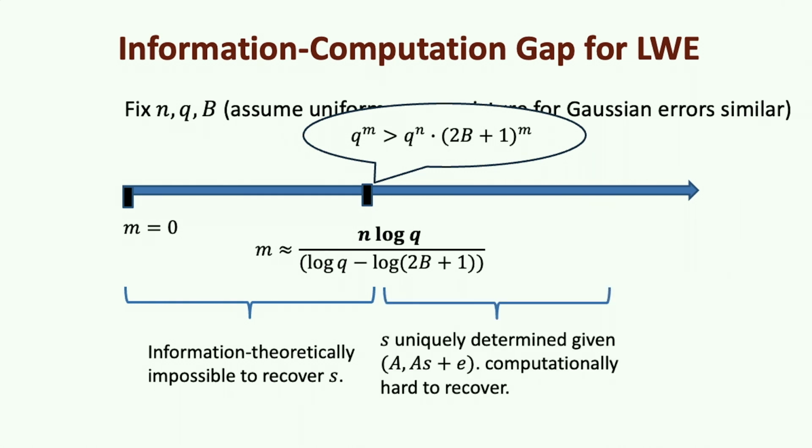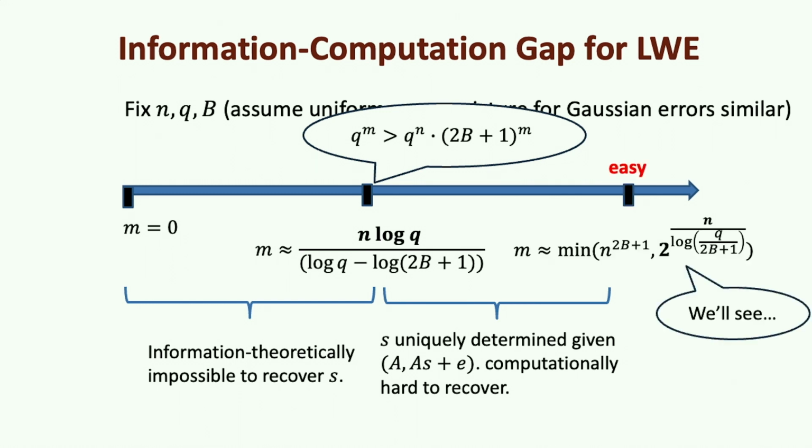And then it keeps chugging along, and as far as we know, in this information theoretically determined regime, it's still hard to find the secret. That happens for a while, where M, the number of equations, is about linear in the dimension of the secret. It keeps going, keeps going, keeps going, until M is essentially exponential in the dimension of the secret, and the problem seems hard all the way in this regime.